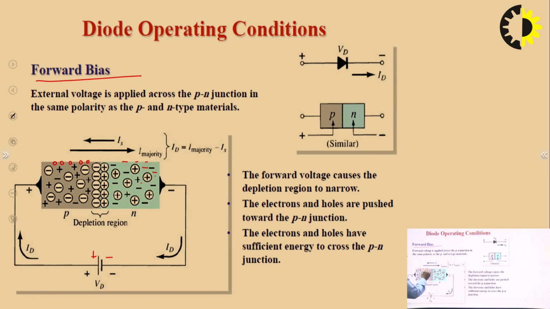Most of the holes migrate from P side to N type and electrons flow from this side to this side. So, electrons flow from N type to the P type, then a current flows, that means the direction of current is the direction of the hole flow. So, the holes move from P side to the N side, that means the current direction is from P to N.